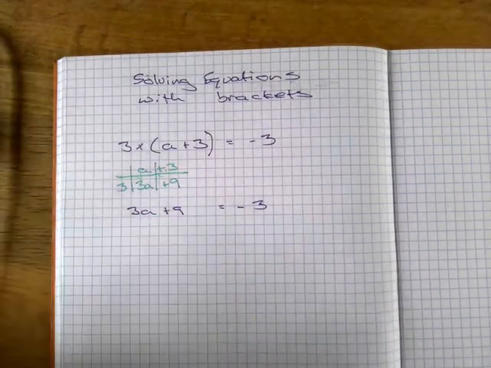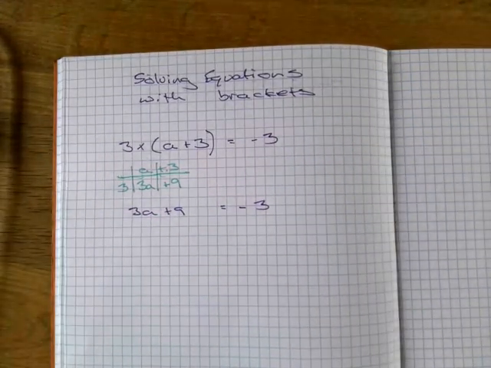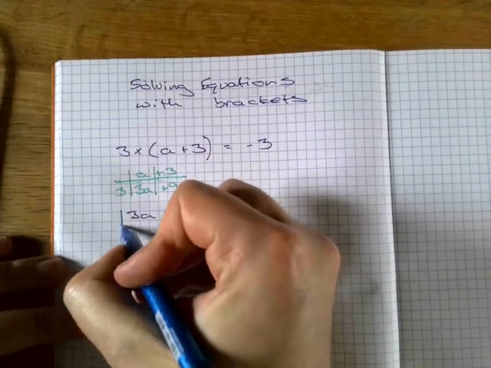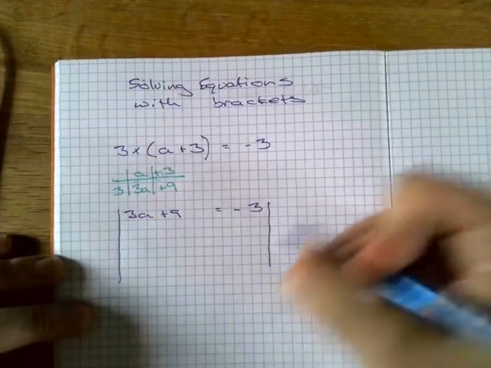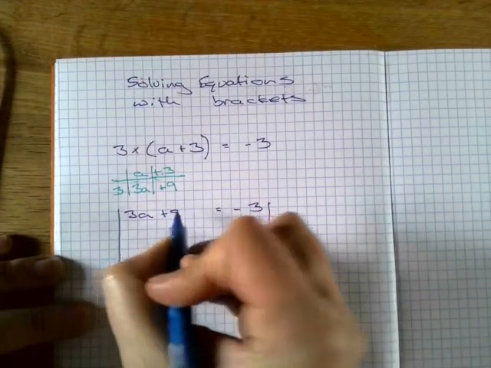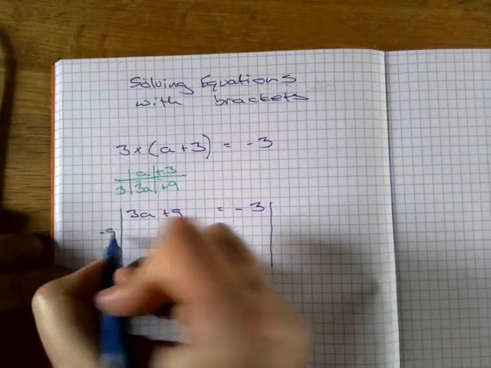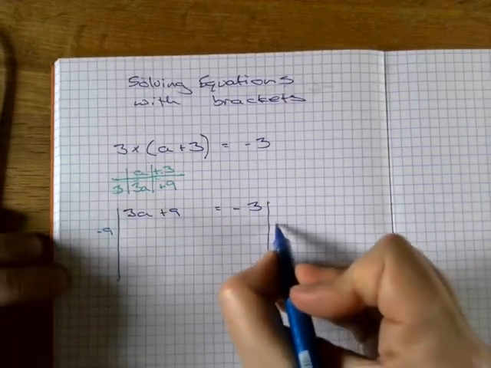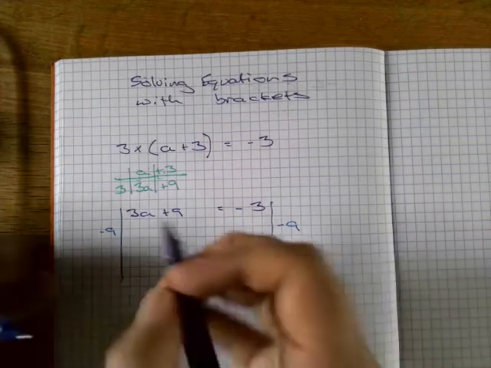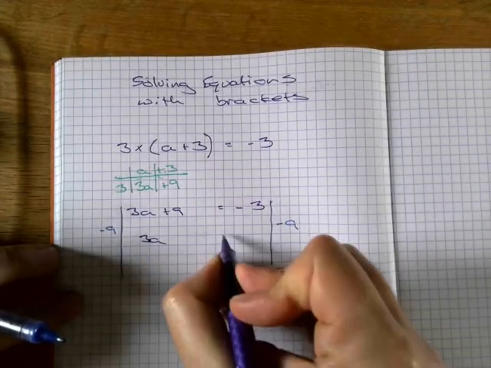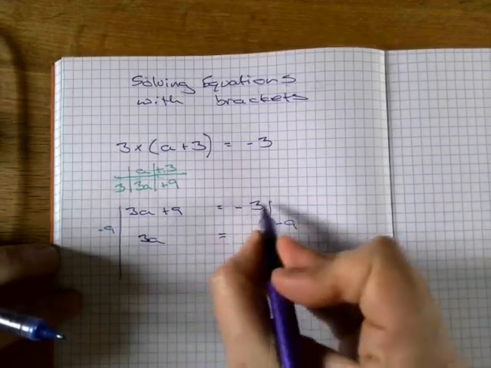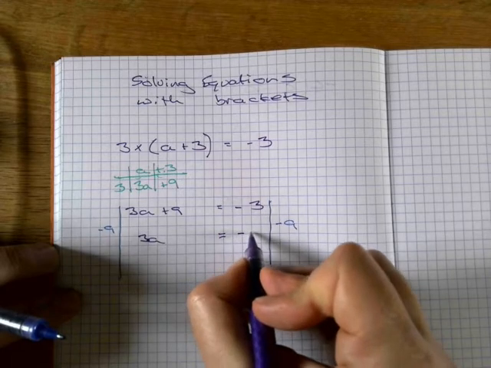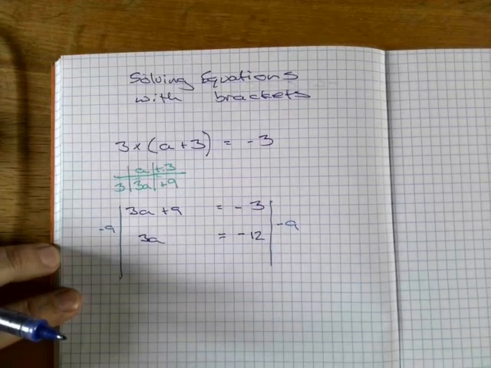Now what we've got to do is work out what the a is. So to do that, first of all, I'm going to have to subtract 9 to get the 3a by itself. If I subtract 9 from this side, I've got to subtract 9 from the other, and that gives us 3a equals minus 3. If we take away 9, it's going to get more negative, minus 12.